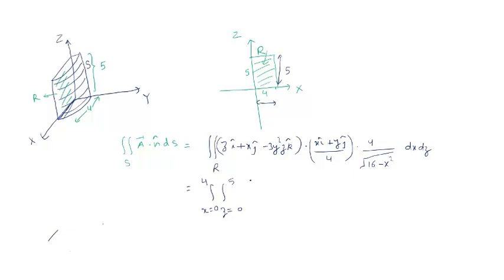And now taking the dot product, we get zx plus xy, 4 gets cancelled, there is no k cap here, so only (zx plus xy) divided by square root of 16 minus x square dx dz.